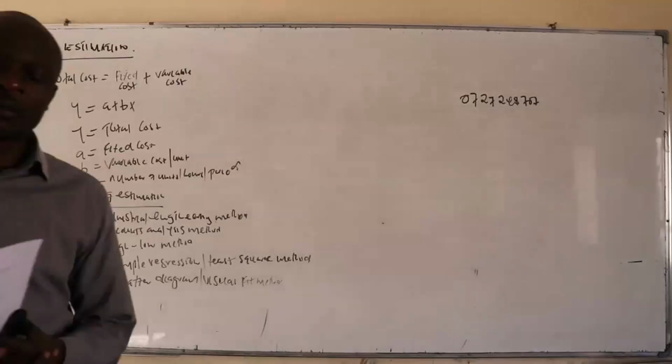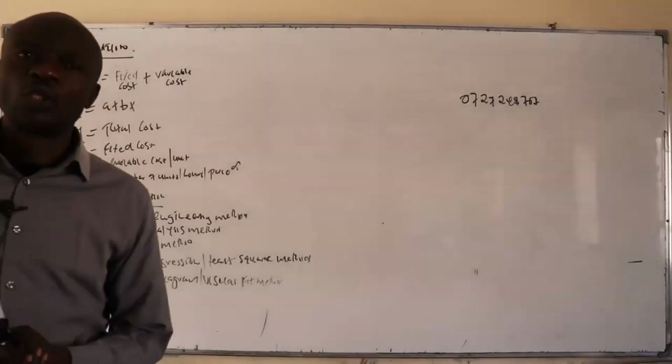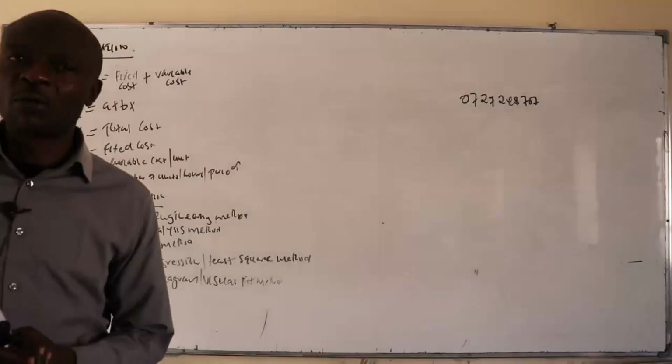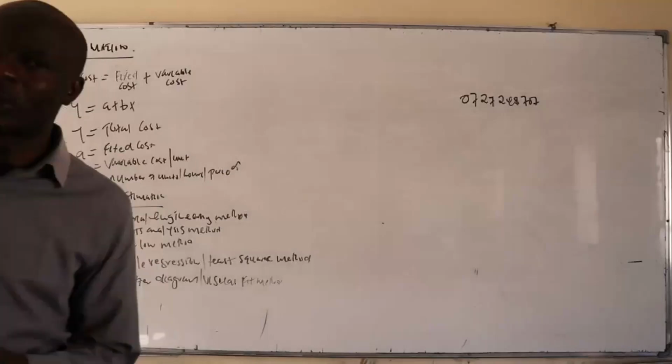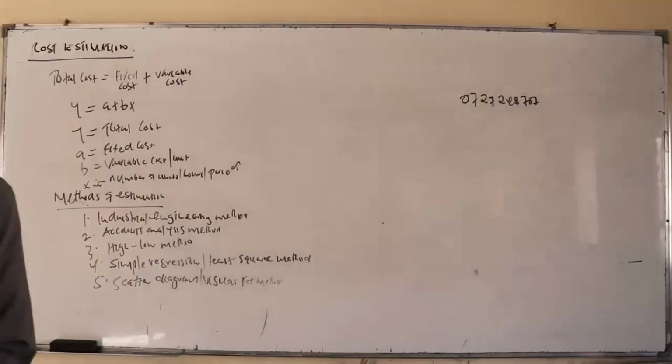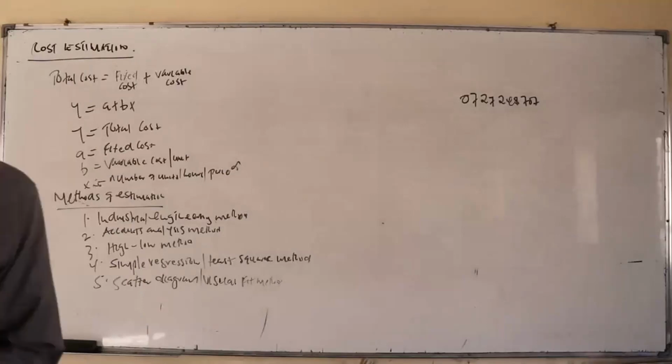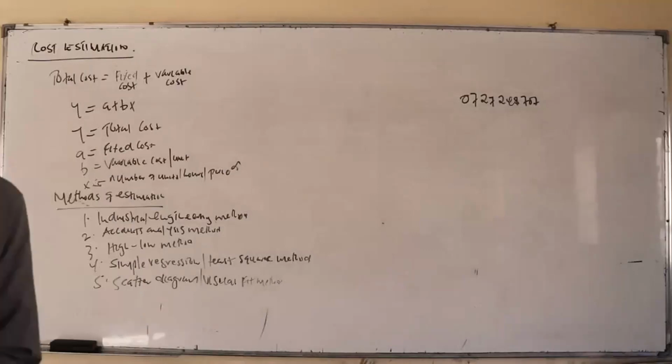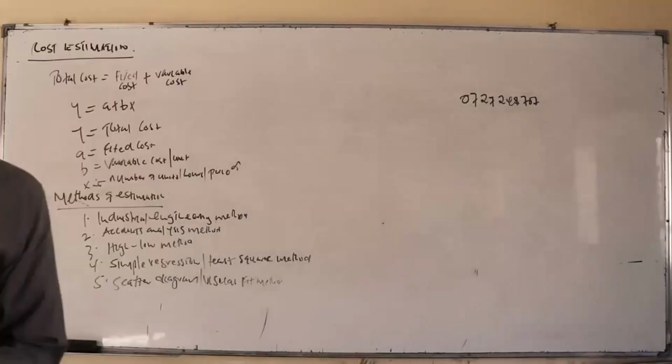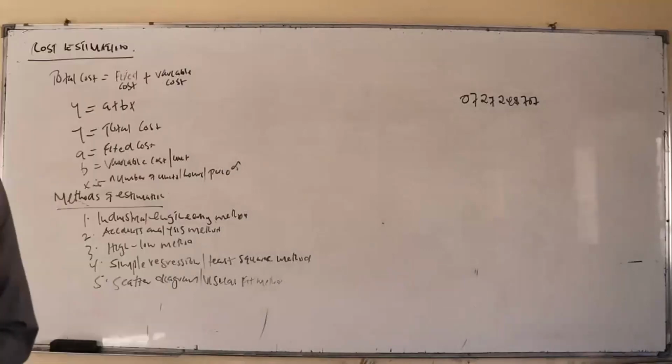One characteristic of this method is that they will give you the costs, and they will tell you whether they are variable or fixed. It is you to group them accordingly.